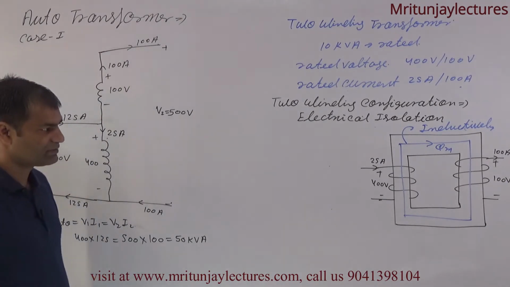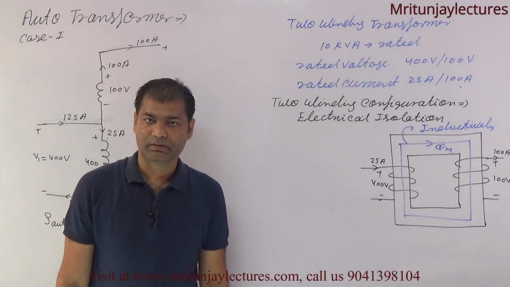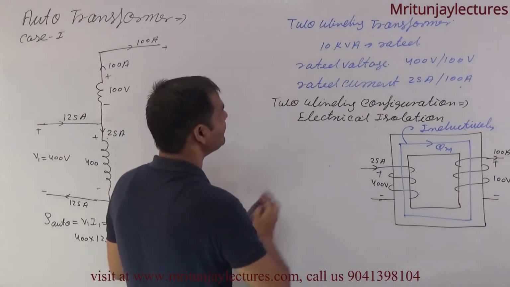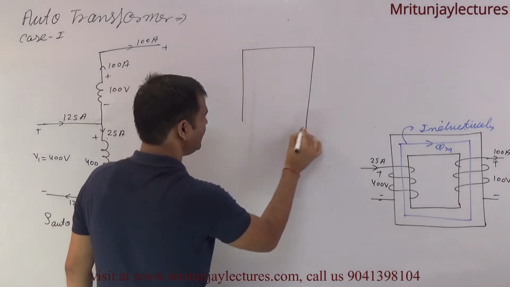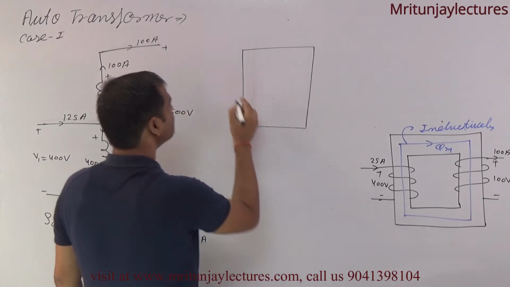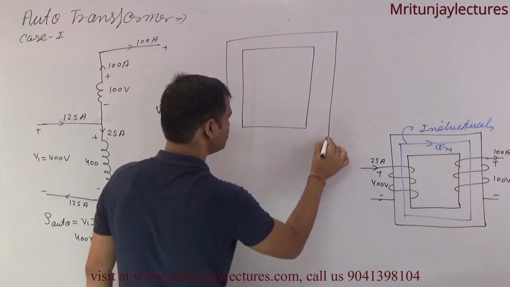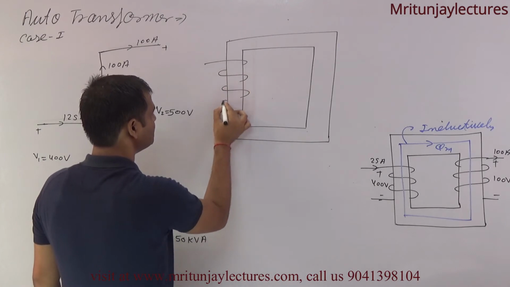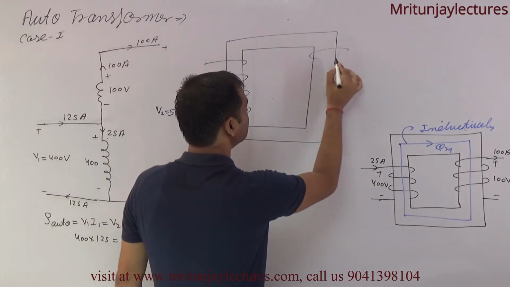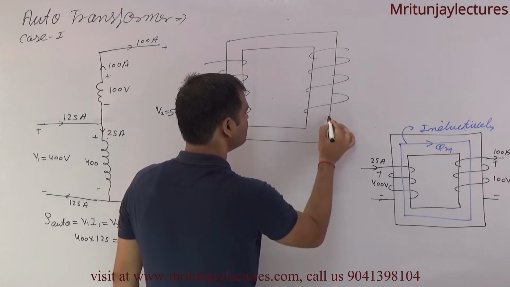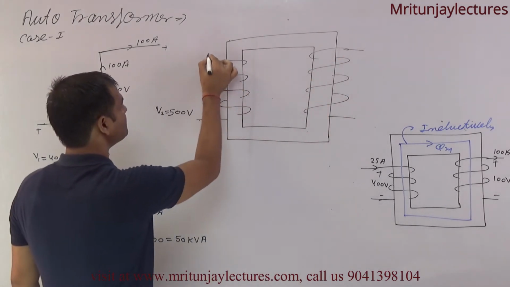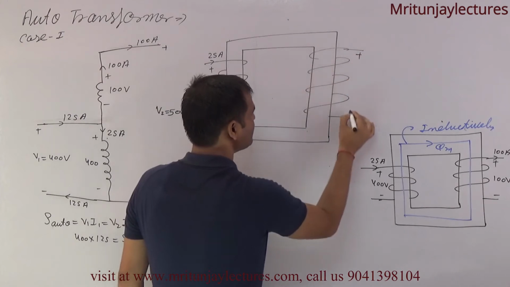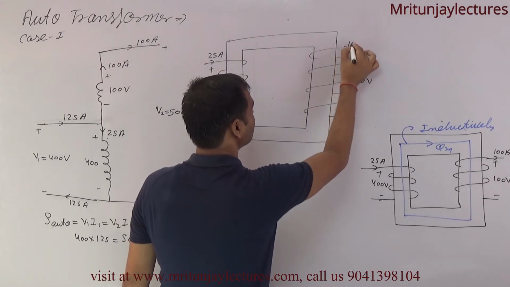Now how to make? With the help of two winding transformer we create auto transformer, okay. Suppose that is two winding, okay, like this one, 25 ampere, 400 volt, and this is 100 volt, and that is 100 ampere.